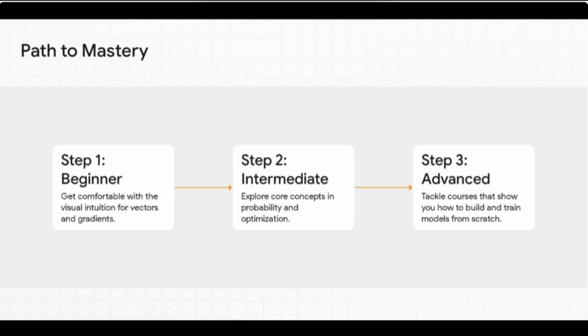YouTube visual explainers are your best friend here. Once that feels great, move up a level and explore probability and optimization. Some stats will do you fine. Before you know it, you'll totally be ready to tackle these advanced online courses. MIT, Harvard, they have free ones, and start building real projects from scratch.